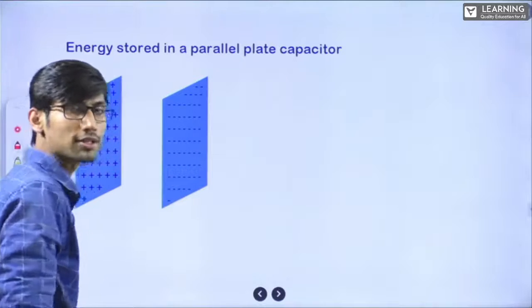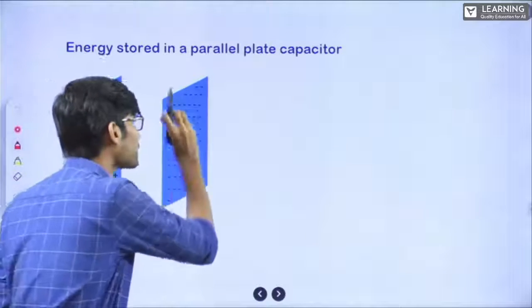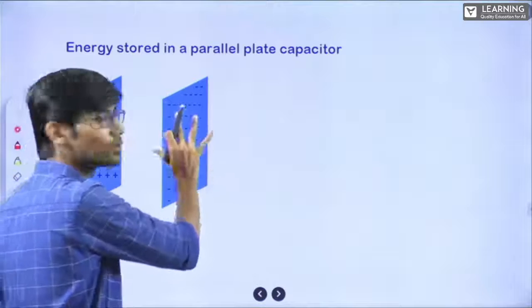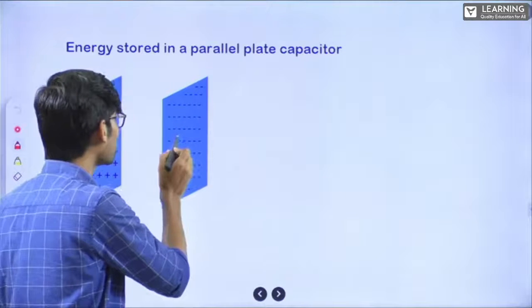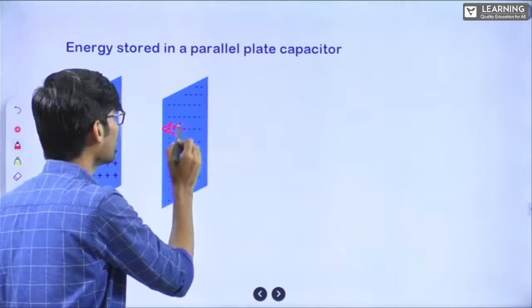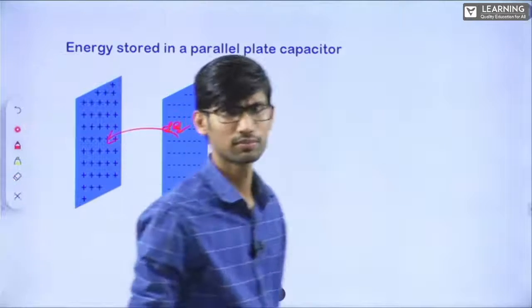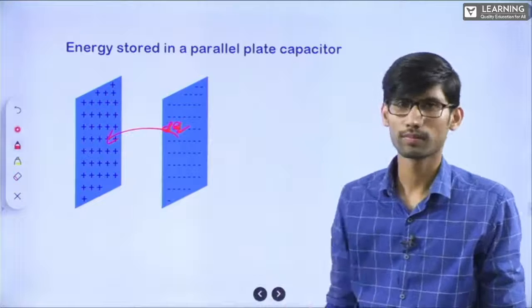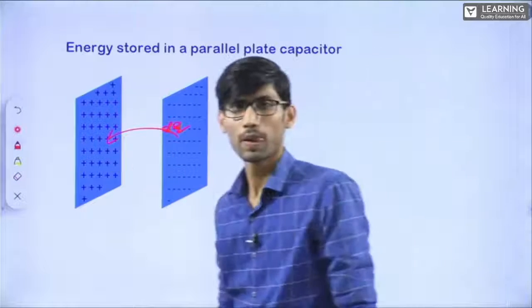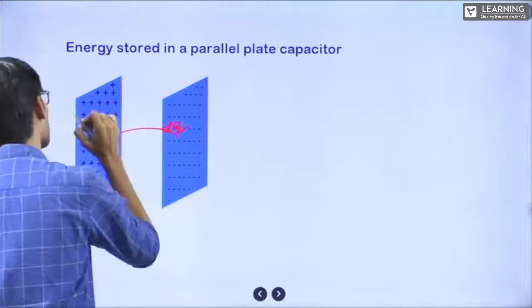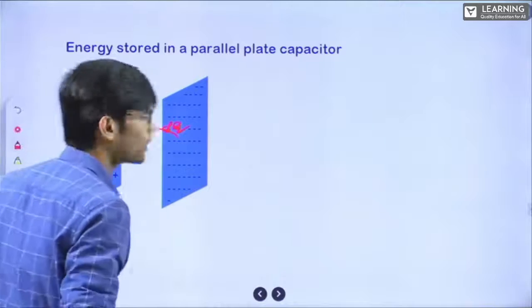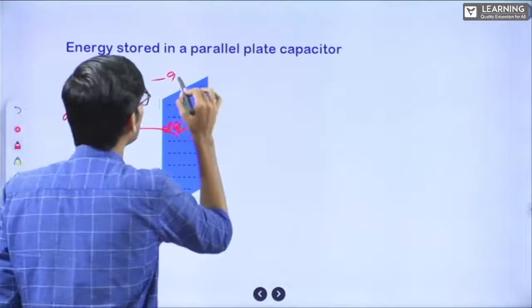For charging, first I'll give some energy to this. One dq charge will come out. That dq, if I put on this particular plate, it will come easily because this is neutral, right? Now this plate is having dq charge, and this plate is having minus dq charge, correct?